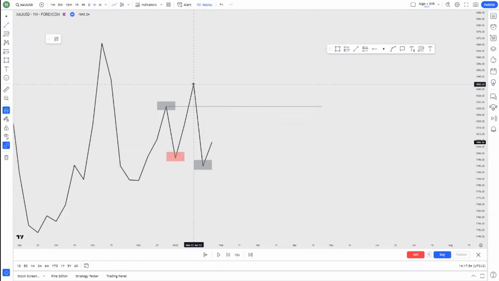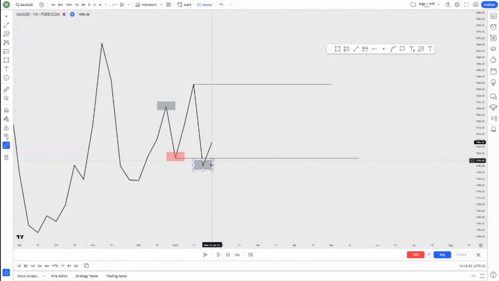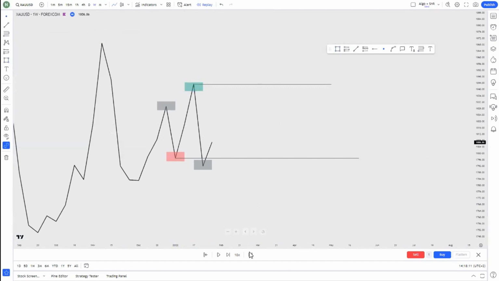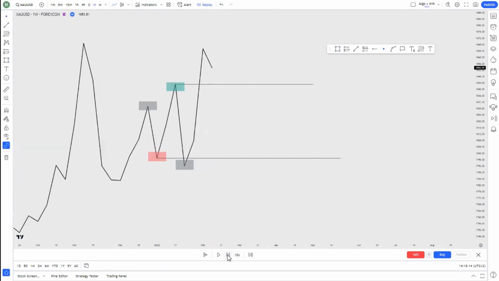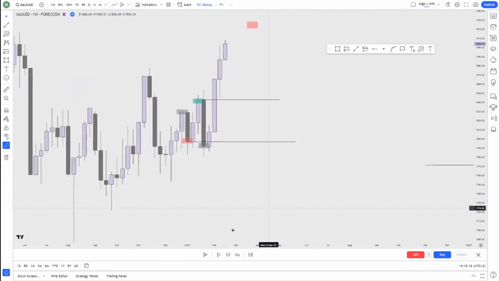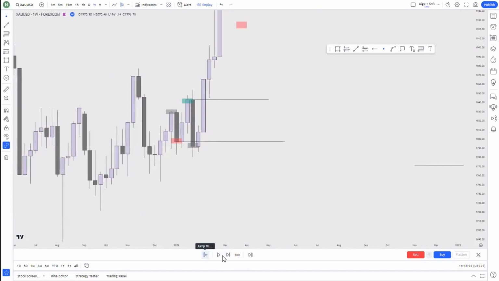So for us to validate this left shoulder as a support and resistance level, we would want to see the market closing above this A right here. Something like this. Then this is going to be our left shoulder right there.